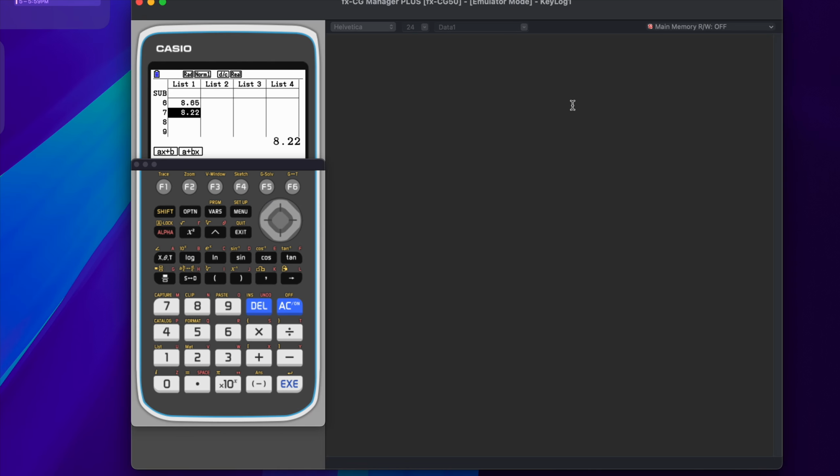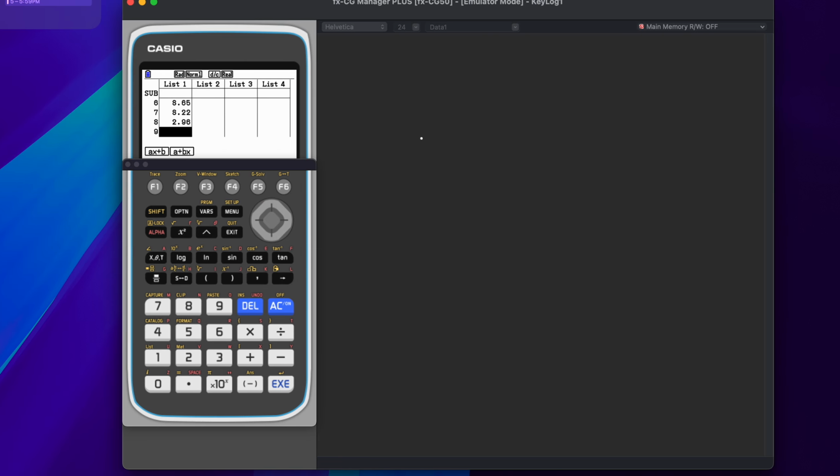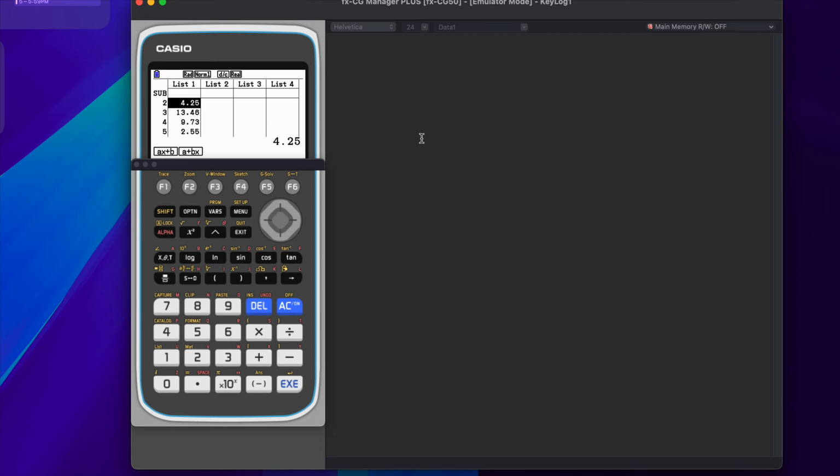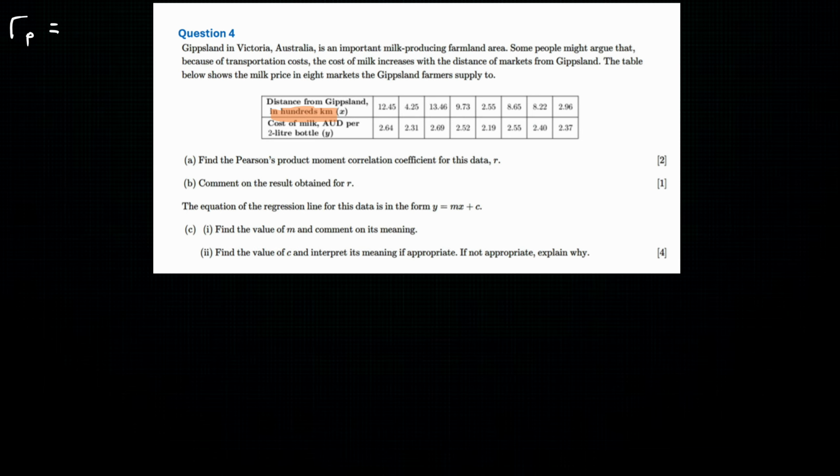Sorry, 2.96. Why do I keep typing 8 in? 8.22 and then 2.96, and then let's go down to the y values.